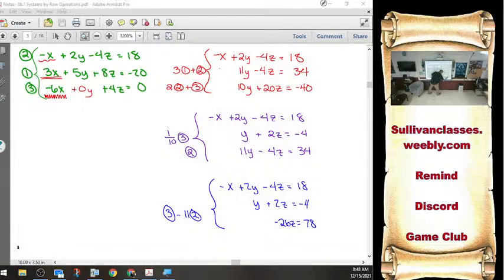So if z is -3, then this is negative 6. Add 6 to the other side. Y is 2. If I know both of those, plug them in here. I'll have 4 plus 12 is 16. Subtract it. Divide by negative 1. Or plug it in and write it, whatever your jam is.